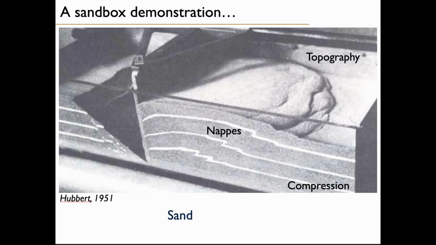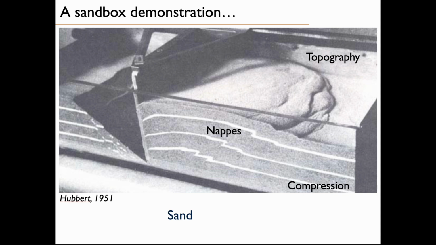So by moving this piece of metal to the right side, one can trigger compression in the right part, and you see the formation of tectonic nappes and the formation of faults, thrust faults.